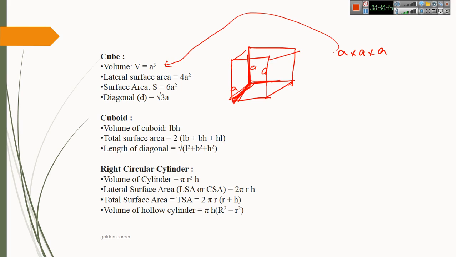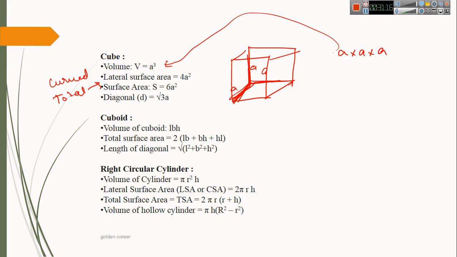Then again we have lateral surface area, which is also known as curved surface area, and then the total surface area. For a cube, just move your eyes around your room and imagine that for curved surface area, if you add only the area of the four walls, then you will have only the curved surface area.